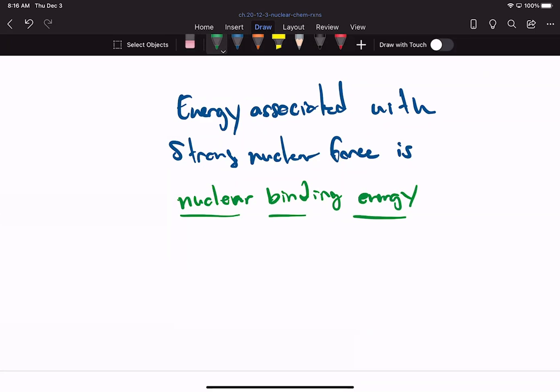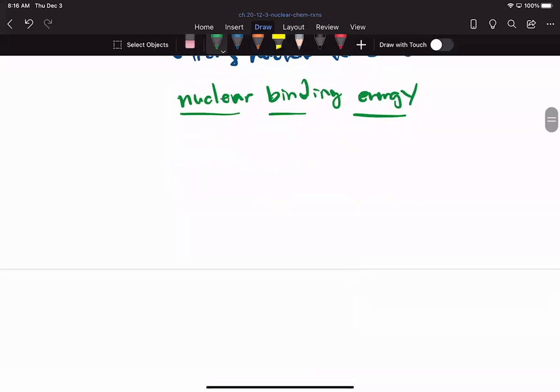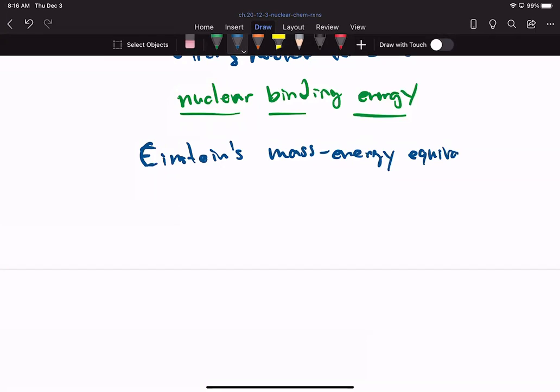Nuclear binding energy can be calculated with Einstein's mass-energy equivalence equation.